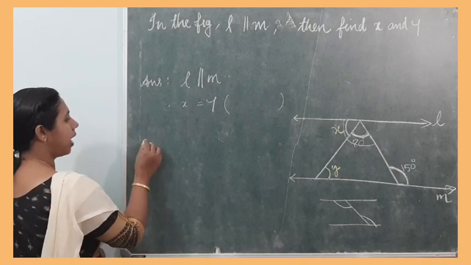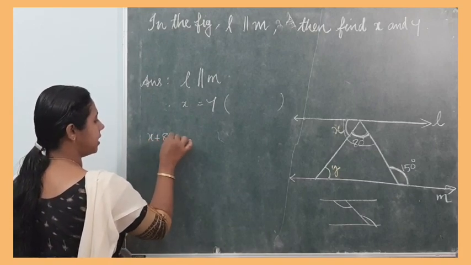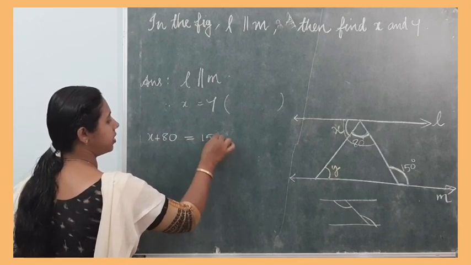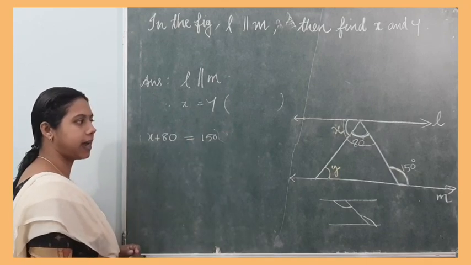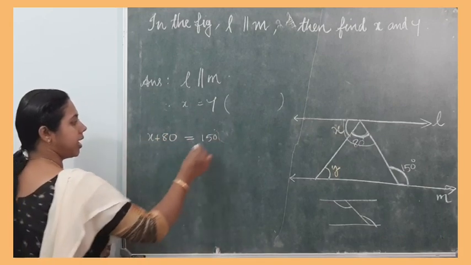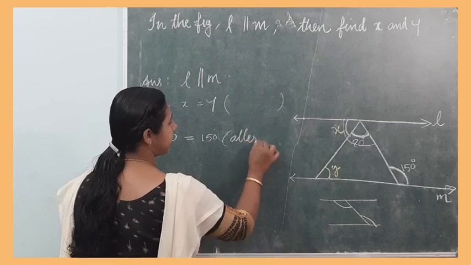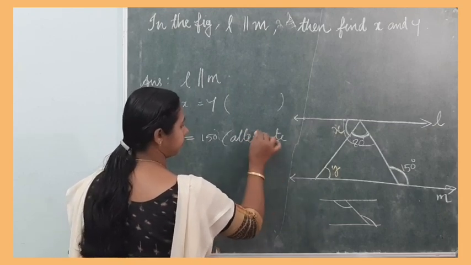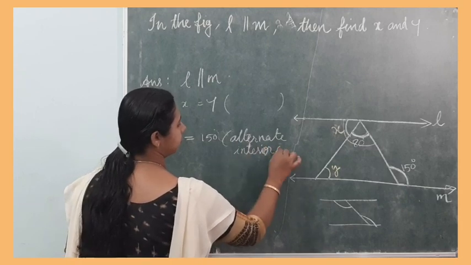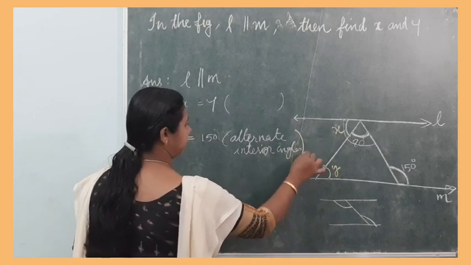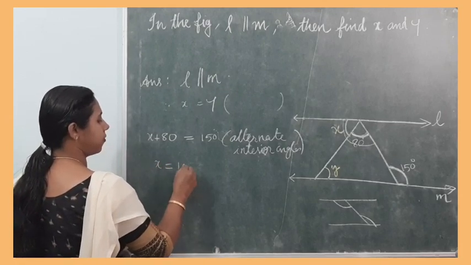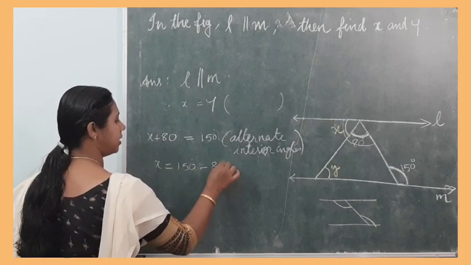So this angle and this angle are alternate interior angles. So we know that x plus 80 is equal to 150 degree because they are alternate angles. Sum of these two angles is equal to 150 degree. So x is equal to 150 minus 80.